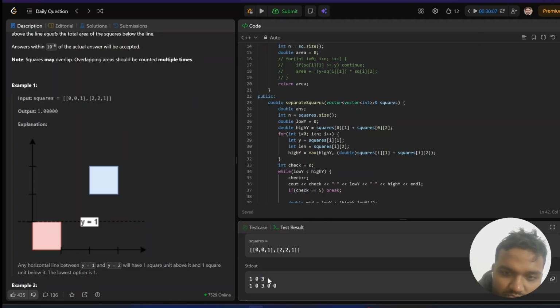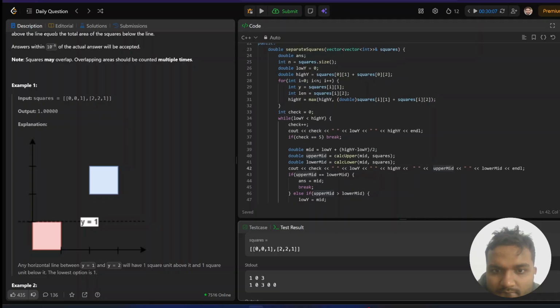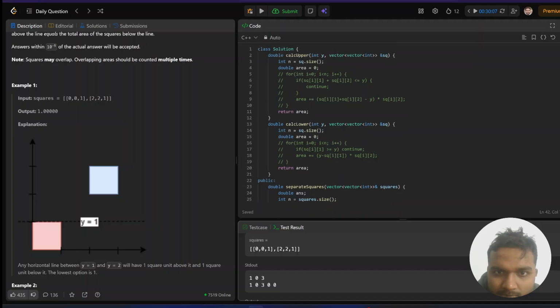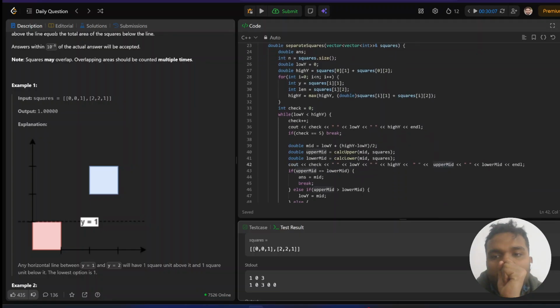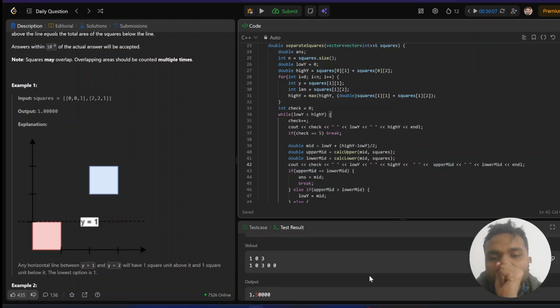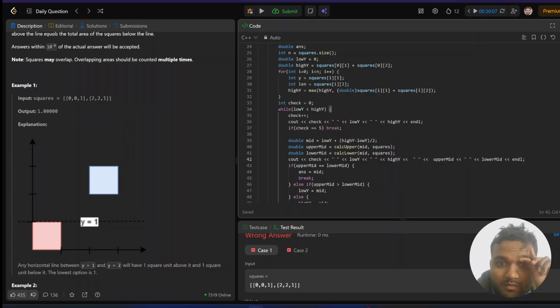That means what? Oh, no errors. And still we are not able to do anything.